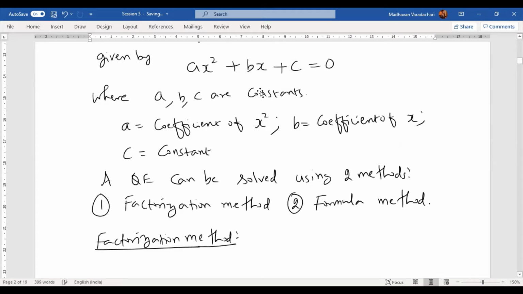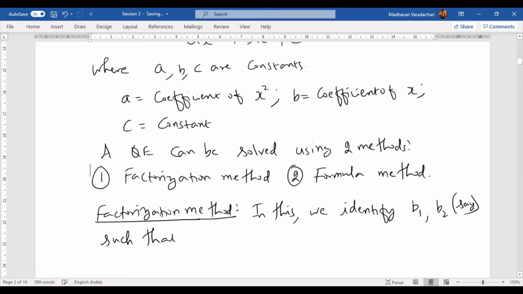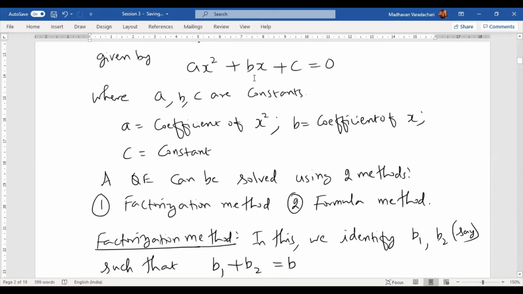In this, we identify b1, b2 such that b1 plus b2 should be equal to that b. Means I am trying to split this b into two parts, which is b1 and b2. If I add those two, I should get this number.